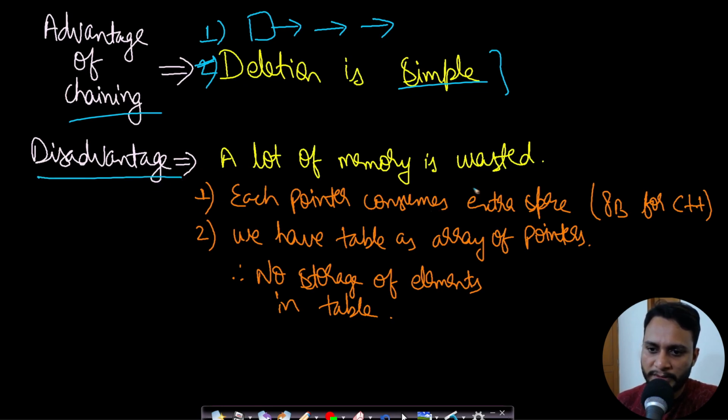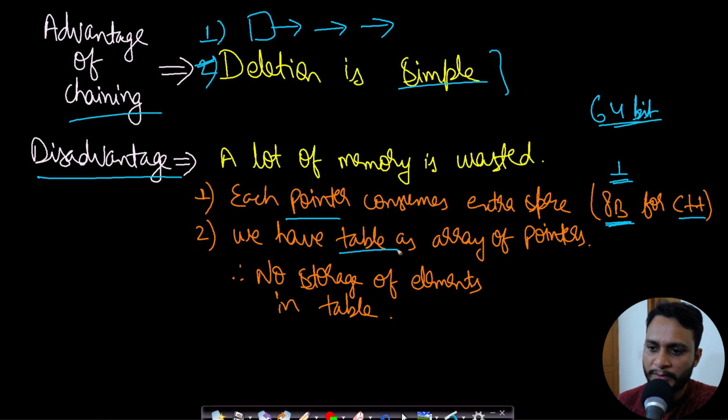So what is the disadvantage in this case? A lot of memory is actually wasted because we are using pointers. So in a C++ implementation, if you have a 64-bit architecture, then you will be consuming 8 bytes for one pointer. In order to maintain this linked list, we will be using at least a pointer for one node, right?